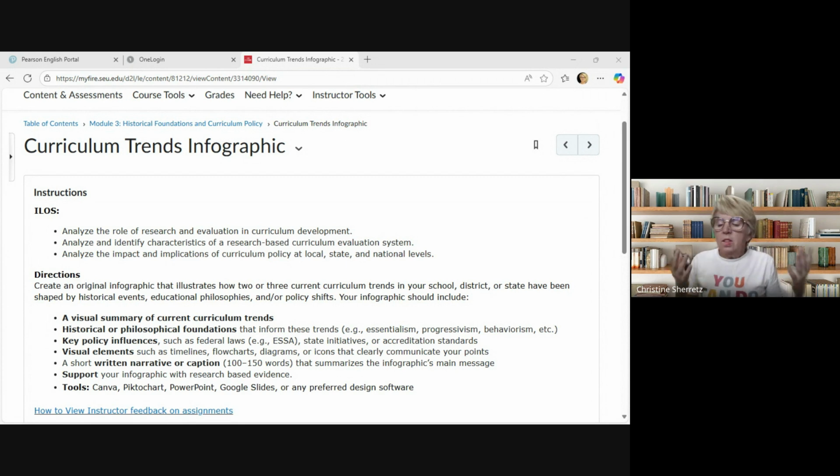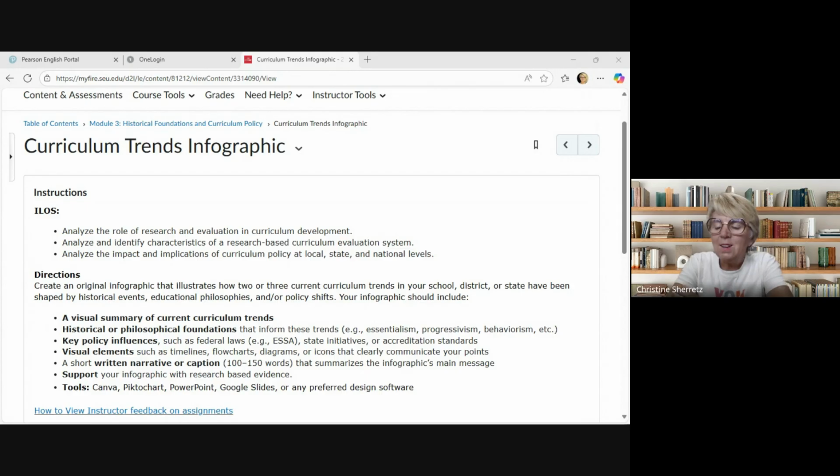So that's what I'm doing, I would say. Some key policy influences: in Florida, there is legislation that states that we have to have the science of reading in schools. And it also states that universities have to train teachers in the science of reading. So you would name some of those policies for whatever you pick.